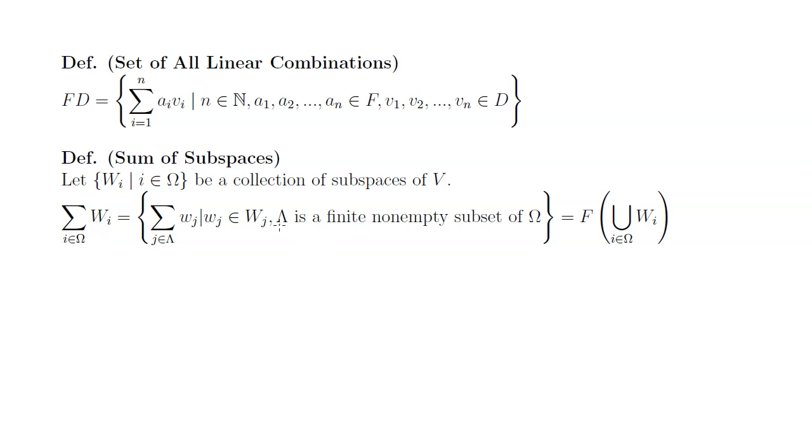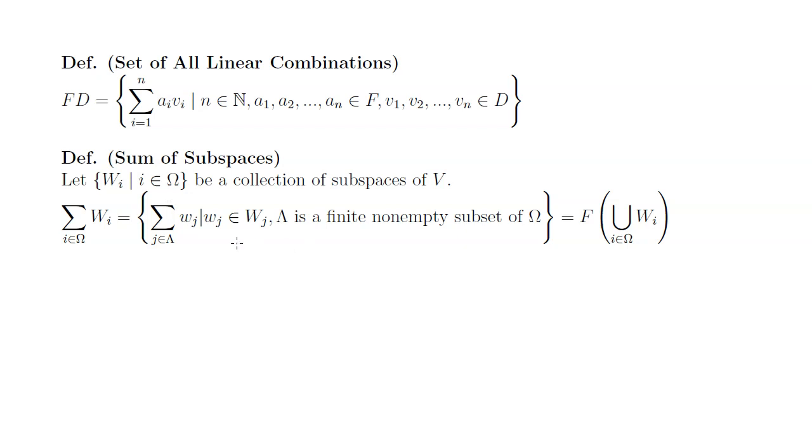So capital lambda is just a finite non-empty subset of the index set omega. So you take finitely many W_i's and you pick one element from each one. Then we add them all up. So you collect all those possible sums of elements and throw them in one set.